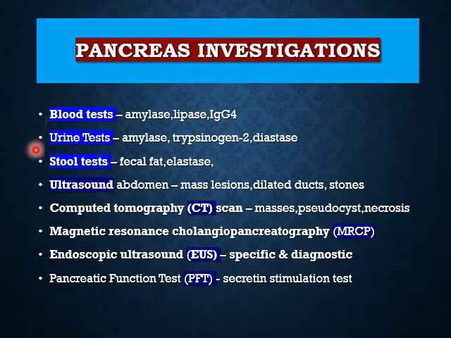Urine tests: amylase, trypsinogen 2 and diastase also increase in patients with pancreatic damage. Stool tests, fecal tests and stool elastase tests are also important to assess the function of the pancreas. Ultrasound abdomen to detect mass lesions, dilated ducts and pancreatic calcifications.